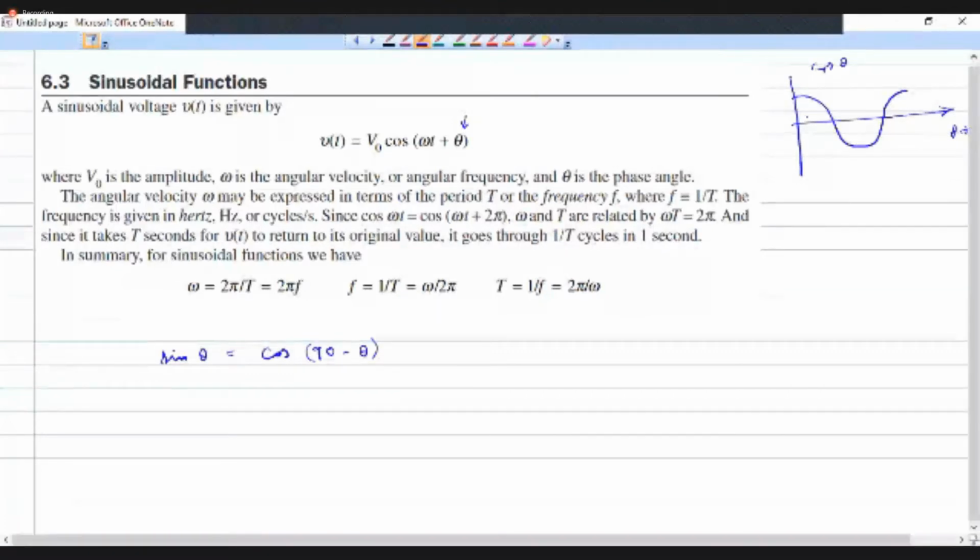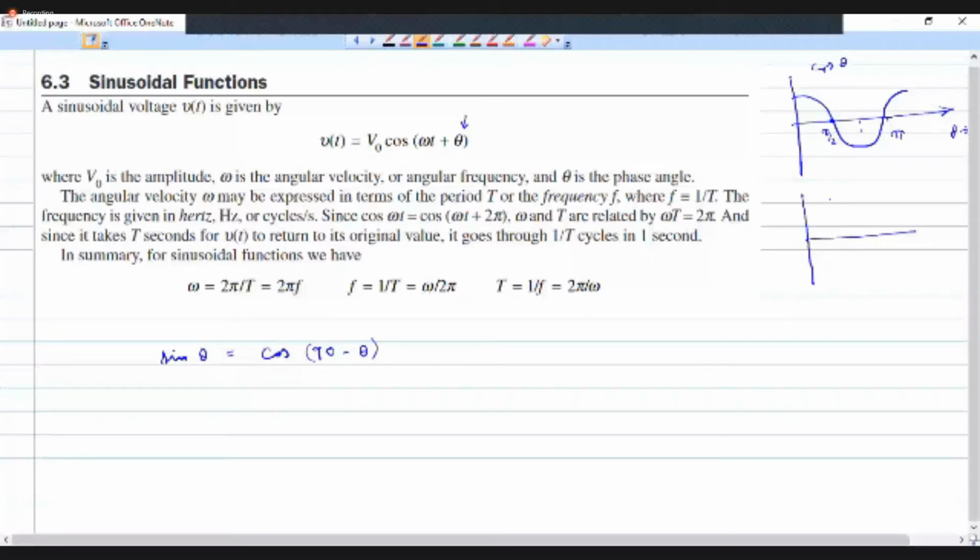It is nothing but the sine shifted towards the left side, so it is an advanced sine wave. It crosses the zero axis at pi by 2, and this is 3 pi by 2, and this is pi.